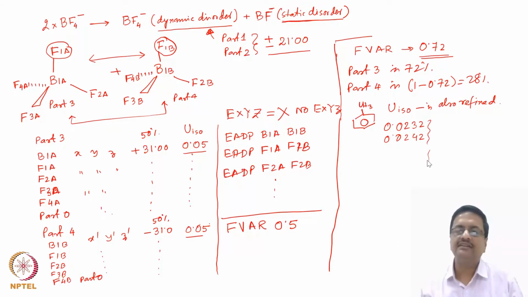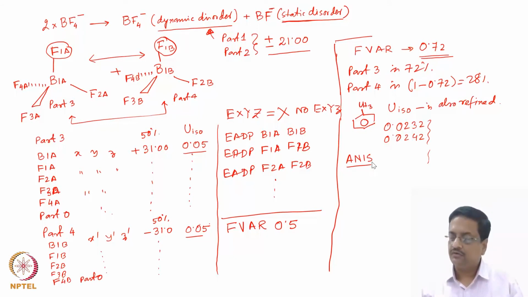All will have very similar U-iso parameters. Once the refinement has converged, we should of course do anisotropic refinement by incorporating the command ANIS in your INS file.